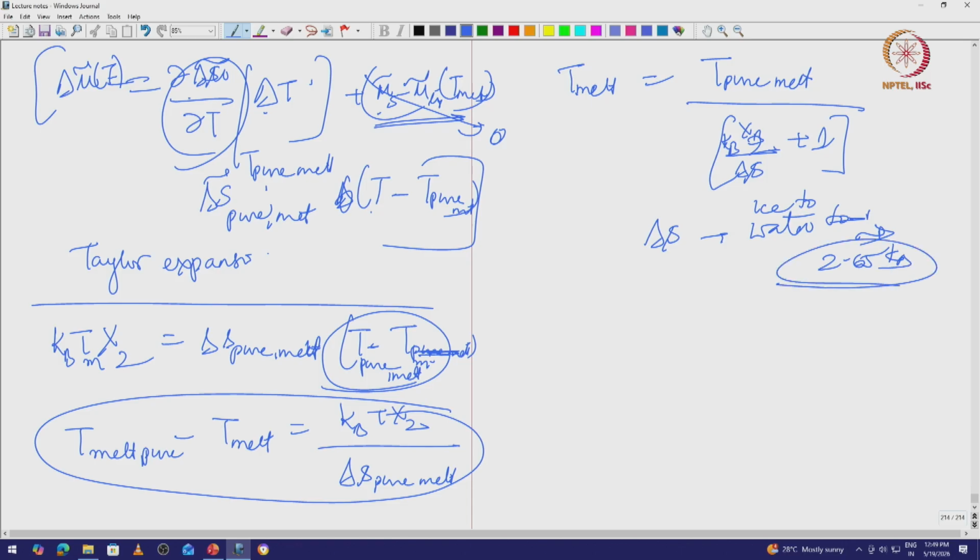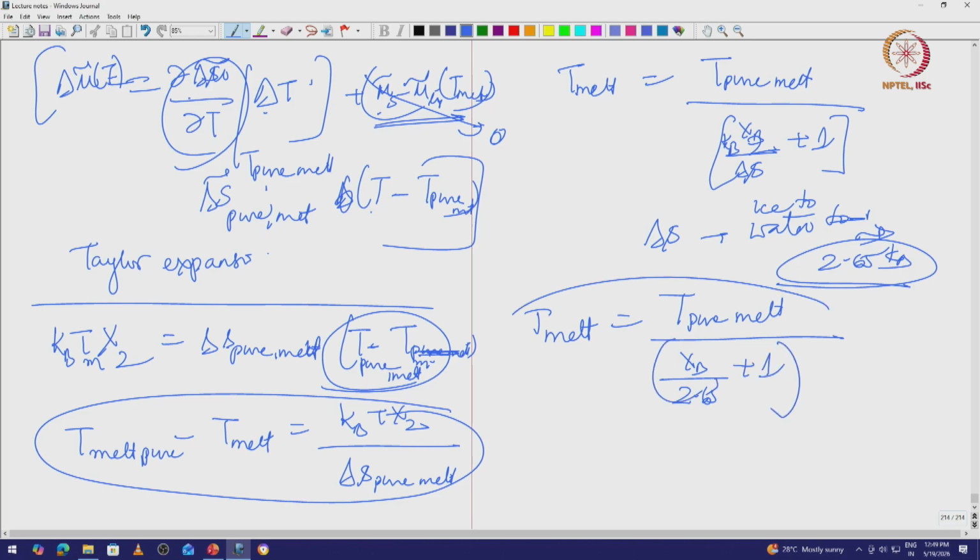This is called Trouton's rule, or Richard's rule, I forget which one it is, but based on that I can put a number to this: 2.65, plus 1. So if my ambient temperature is minus 10 degrees Celsius, I need to use so much antifreeze. xB is my antifreeze composition, such that this number becomes T melt.